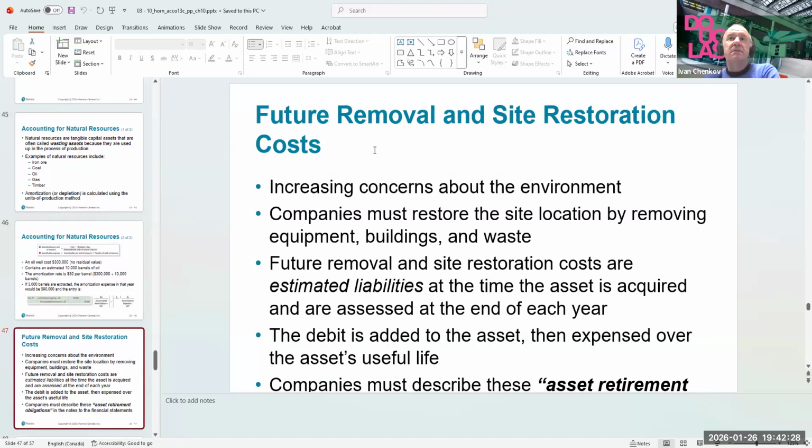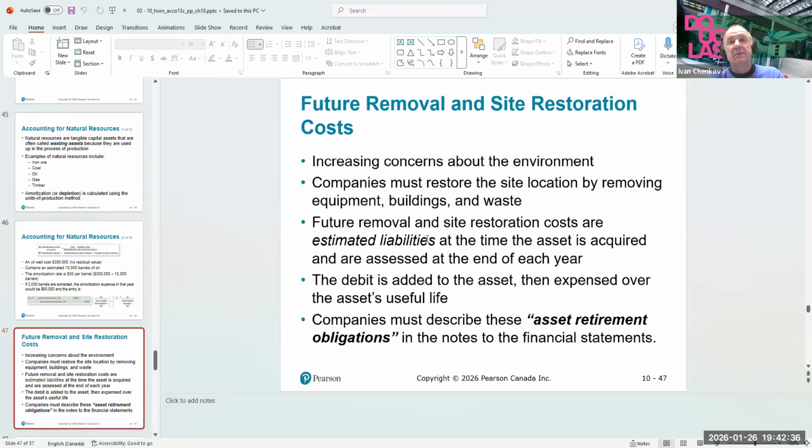Now, the future removal and restoration cost is something we have to consider and put as a cost on our assets. We have to estimate those costs and amortize them over the life of the assets as well. These costs can increase significantly because the company must restore the site to its original conditions after removing everything.